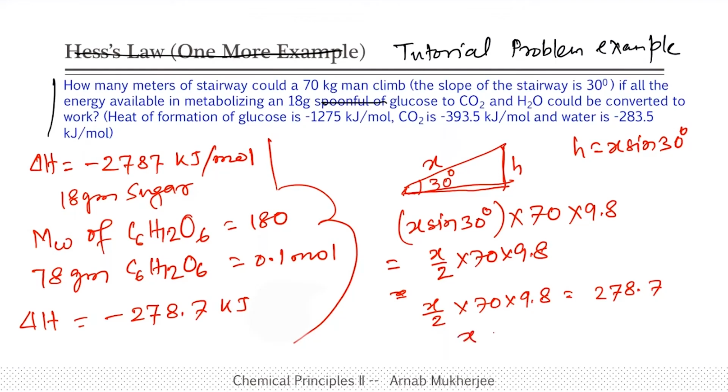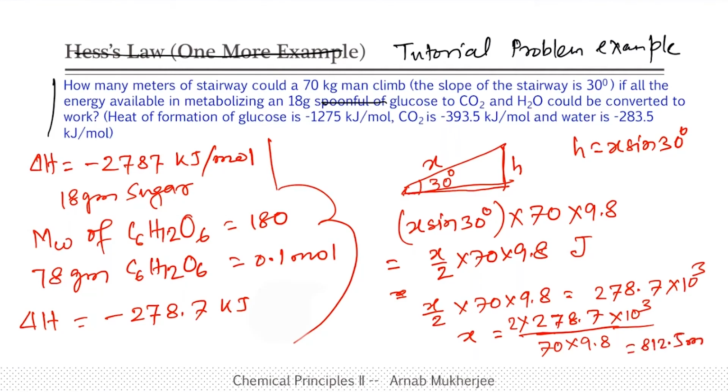So, how much x we are getting? 278.7. Okay, by the way, this is kilojoule. So, we have to add this much because this is joule, right. This is joule and this is kilojoule. Okay, just calculate that and let me know how much you are getting.